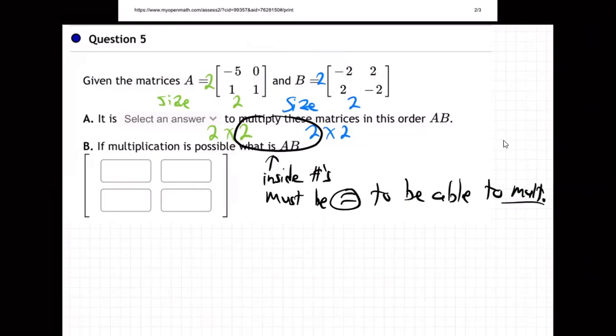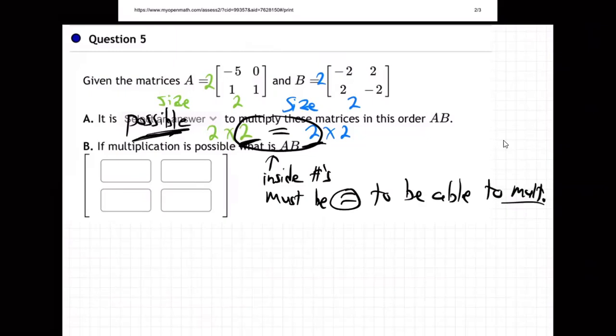In other words, you can't even multiply two matrices if their inside dimensions of their sizes don't match. They've got to be equal, and they are. 2 equals 2. So our first answer is yes, it is possible. That's what we choose right here. It is possible to multiply these two matrices.